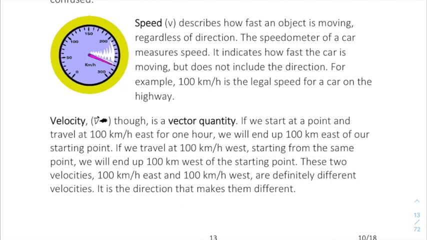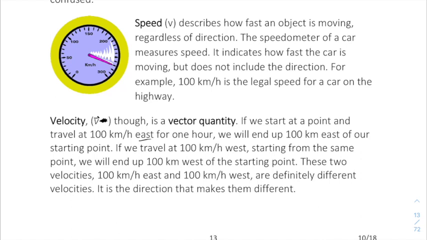So you might have a velocity of 100 kilometers east per hour for 1 hour, and we'll end up 100 kilometers east of our original starting point. If we travel 100 kilometers west, starting from the same point, we'll end up 100 kilometers west of the starting point.